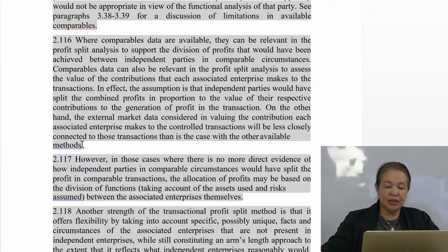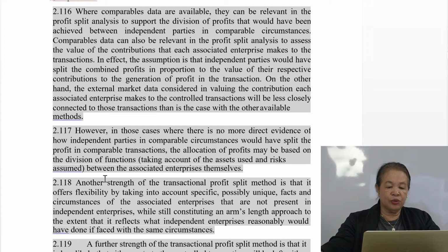On the other hand, the external market data considered in valuing the contribution each associated enterprise makes to the controlled transactions will be less closely connected to those transactions than in the case with the other available methods, no?